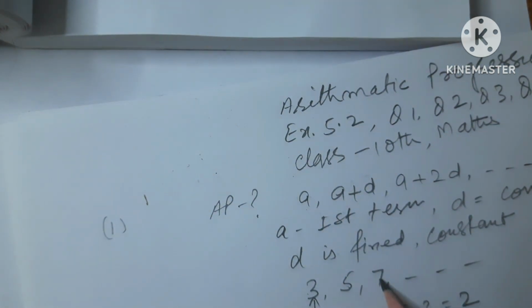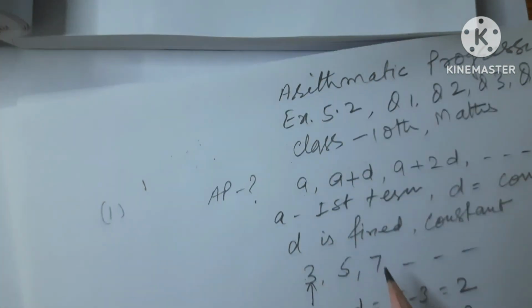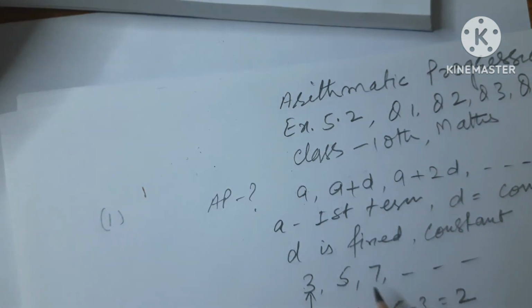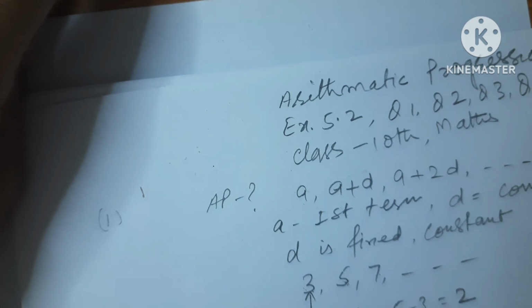Or you can calculate from here also: d can be calculated like 7 minus 5, which is 2. So this 2 is fixed, and it is calculated by subtracting the previous term from the successive term. So this is how d is calculated.